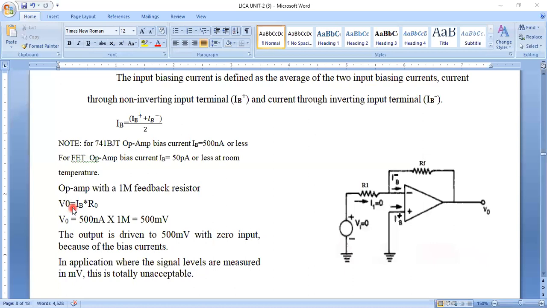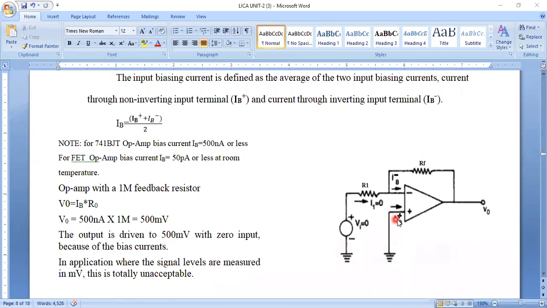V naught is equal to IB into R, so the output voltage will be 500 millivolts. That means even though there is zero input, 500 millivolts appears because of the current flowing in the operational amplifier. This creates an error, and it is a serious one.